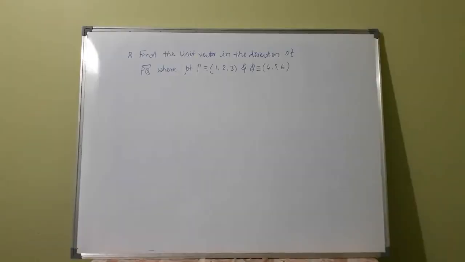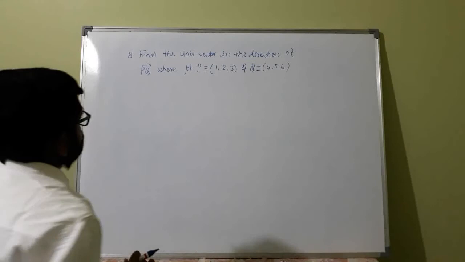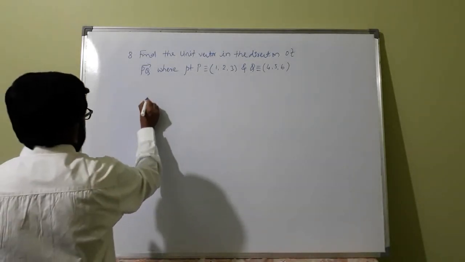Eighth one is find the unit vector in the direction of PQ, where P is 1, 2, 3, Q is 4, 5, 6. So you have to find PQ first.